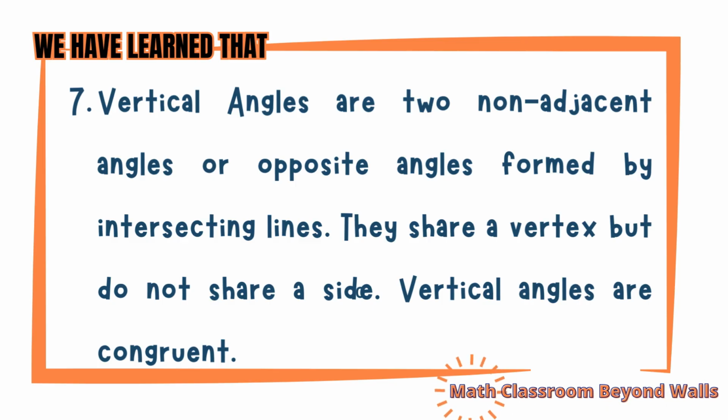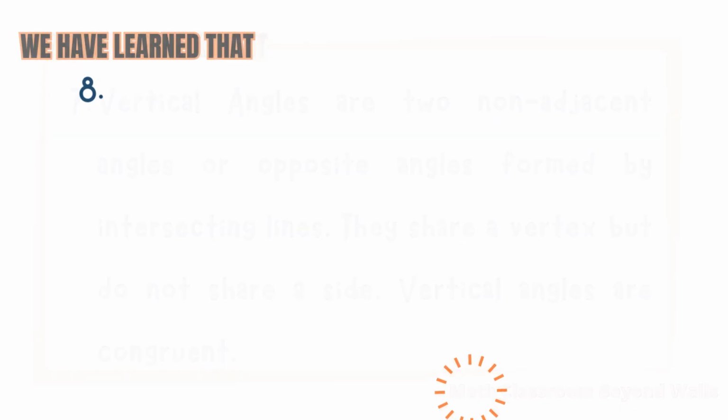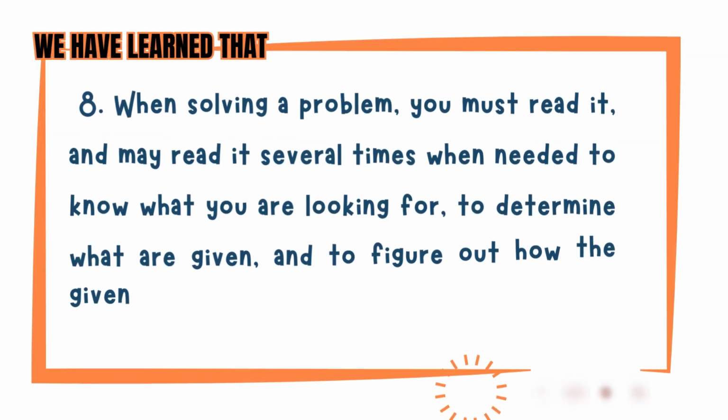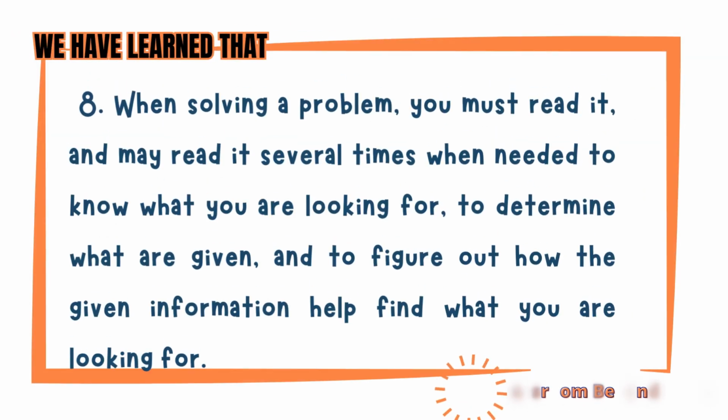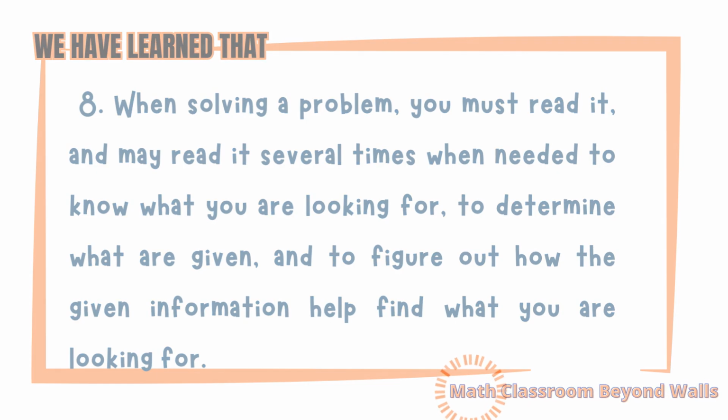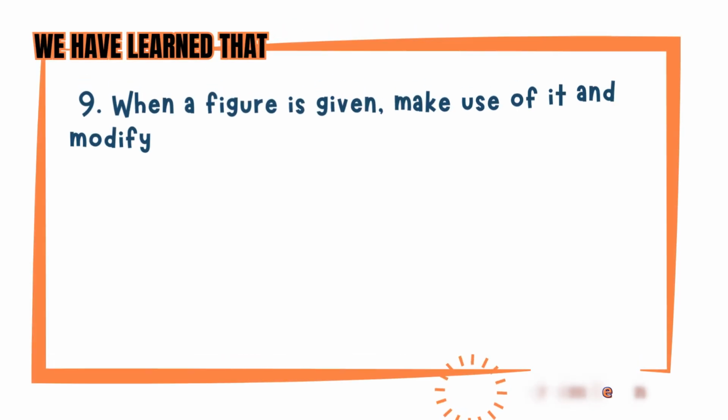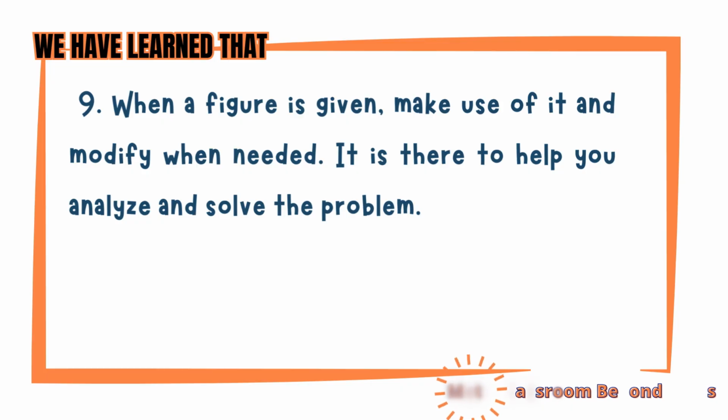Vertical angles are congruent. Eighth, when solving a problem, you must read it and may read it several times when needed to know what we're looking for, to determine what are given, and to figure out how the given information helps find what you are looking for. Ninth, when a figure is given, make use of it and modify when needed. It is there to help you analyze and solve the problem.